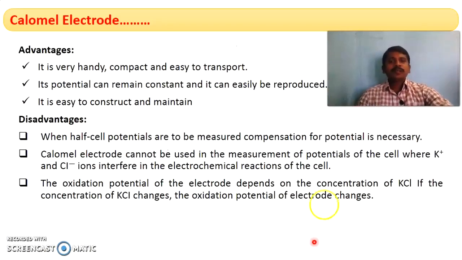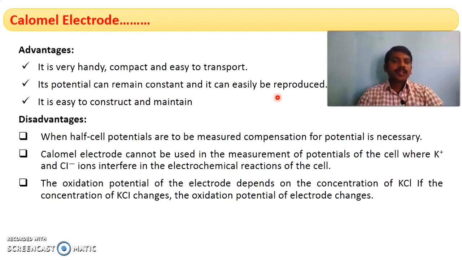Next one, potential will remain constant, and it can be easily reproduced. The KCl concentration we have to maintain constantly, and the electrode potential we can maintain constantly for this one. It is easy. That is one advantage.